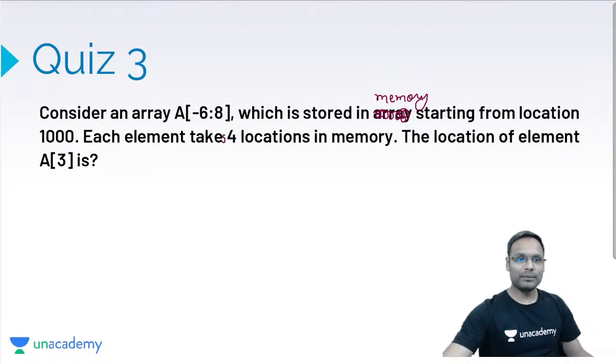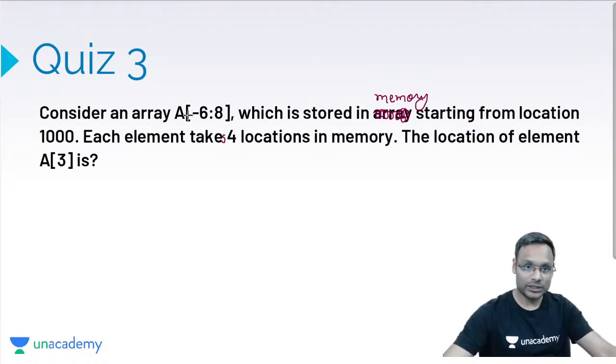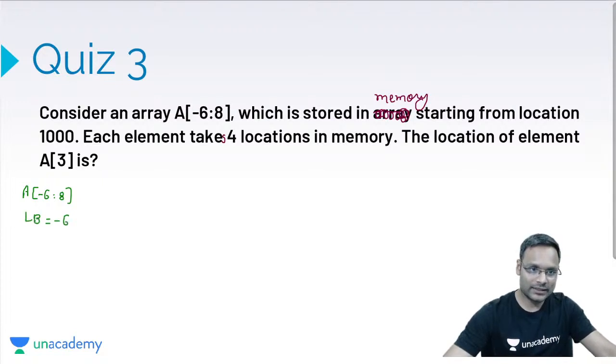The location of element A of 3 is how much? Based on the given array, lower bound minus 6, upper bound 8. What is the base address given? Base address given as 1000. Each element takes how much space in the memory? W is equal to 4.